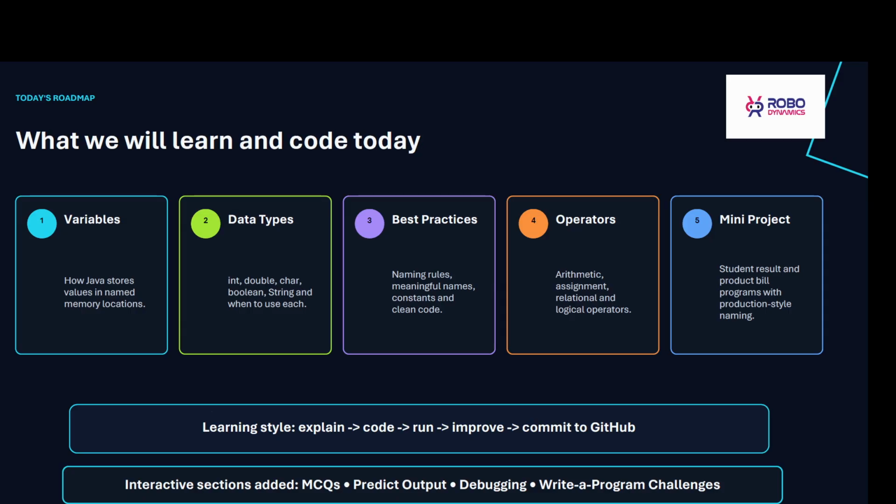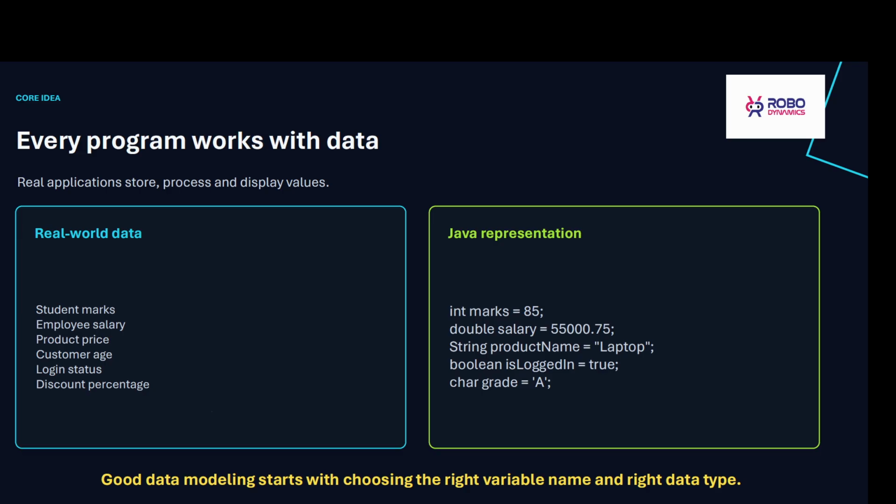So we're going to discuss what is acceptable in production. Those are the best practices which we are going to discuss. We are also going to discuss literals, operators, etc. And I'm going to code the whole thing and take you through it. Okay, good. So let us start.